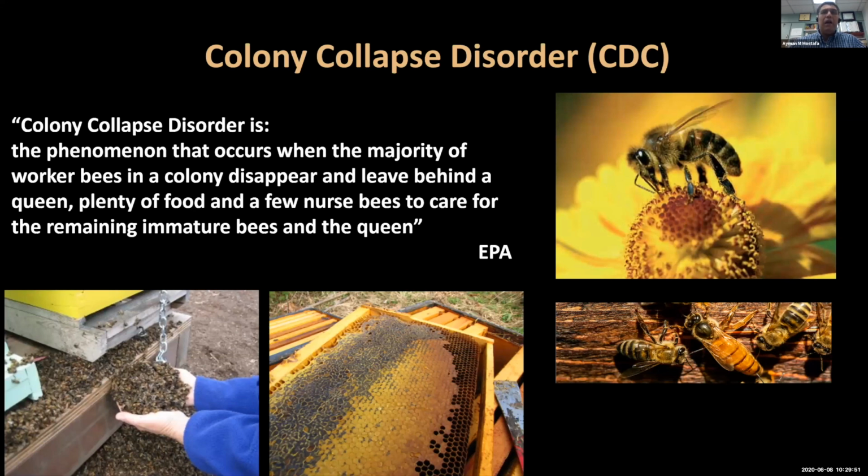We could have a very strong colony with a lot of food and a lot of brood, which is the young, the eggs and the larvae. And the queen is there, but all of a sudden the workers are just gone. They vanish. And the EPA put a definition on this phenomenon. They call it colony collapse disorder.